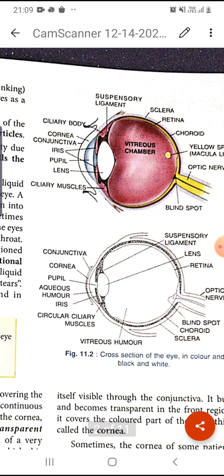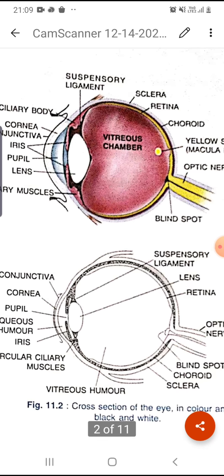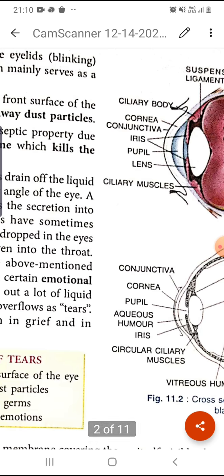See here: sclera, then choroid, then retina. Sclera is the white color at the back side. Then the middle portion, which is black in color, is the choroid region, and the yellow color is the retina.